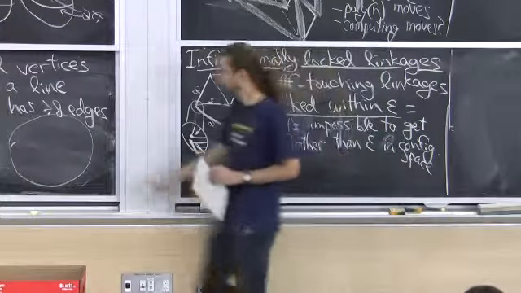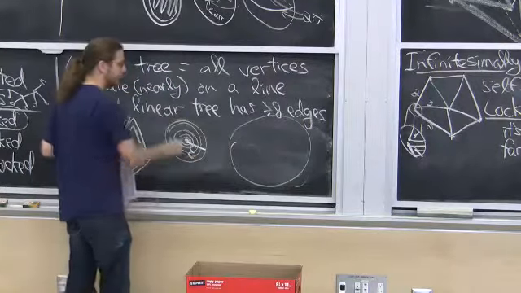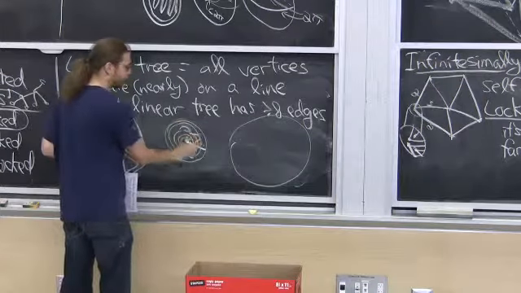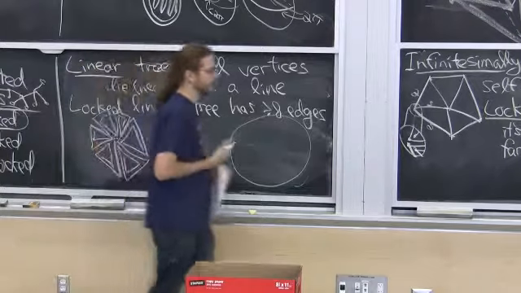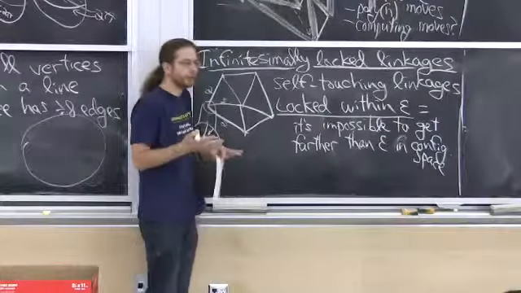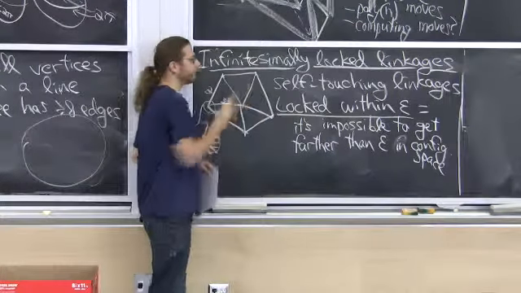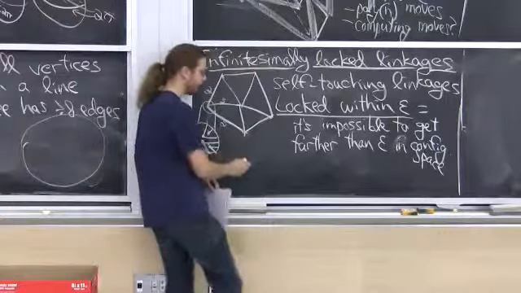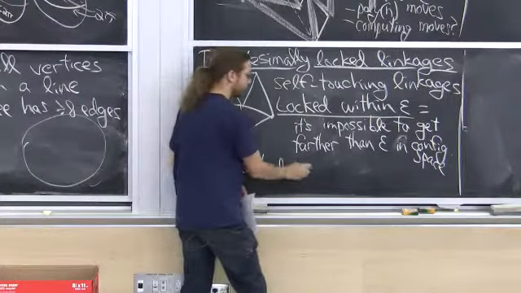So that's this little ball, thinking about radius epsilon here. And if you can't get outside that ball, it's some weird space you can get to. But if it's bounded by a ball of radius epsilon, then I say you're locked within epsilon. And if epsilon is small, that really means there are other things you can't get to. Well, as soon as I get to self-touching, I can actually think about being locked within epsilon for epsilon equals 0.